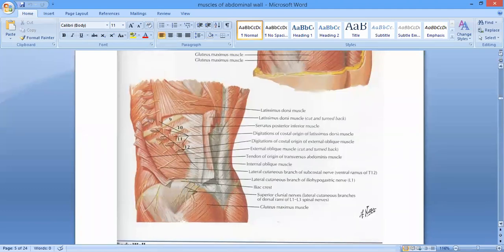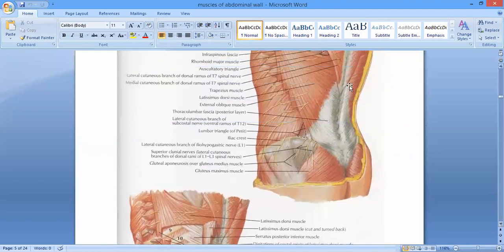And some of the posterior fibers, you see, these are the muscle fibers. So these posterior fibers, which are passing to the iliac crest, right? They are going to make this free border. Okay? And this free border is going to form the boundary of this space.